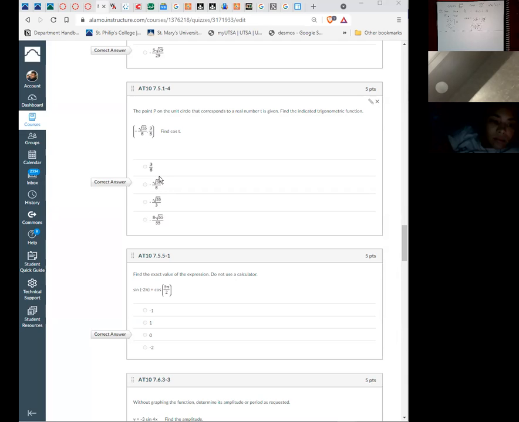On this one, there is no work to show. So X is always cosine, and what is Y? Y is the sine. When you're looking at the circle, that's what they're referring to with the X's and Y's. Sine of that angle is Y, cosine of the angle is X.